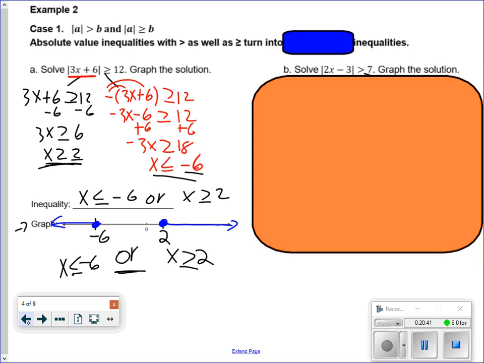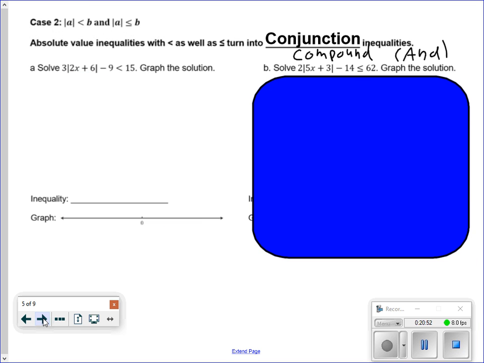And I actually want to go back here just to point out this disjunction will always be the word or. Just like the big things to remember about these words: disjunction will be or, because it's disjunct, they're separated. And conjunction will be compound or the word and. So those are the big things to know about those two words.